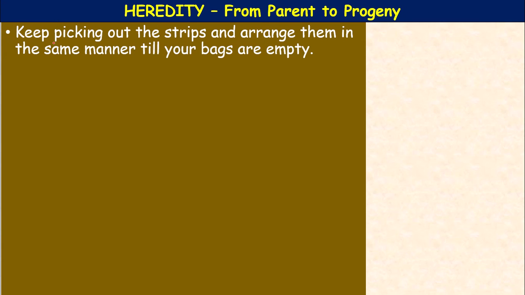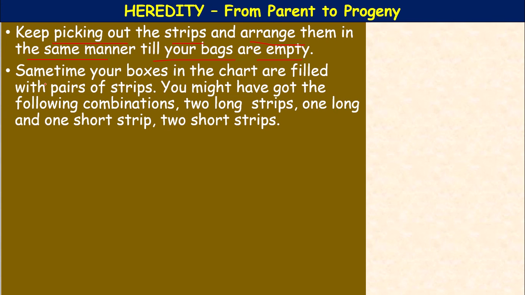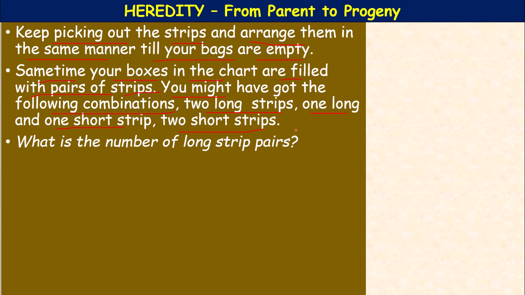Like that keep picking out the strips and arrange them in the same manner till your bag becomes empty. At the same time your boxes in the chart are filled with the pairs of strips. You might have got the following combinations: 2 long strips, 1 long strip and 1 short strip, and 2 short strips.